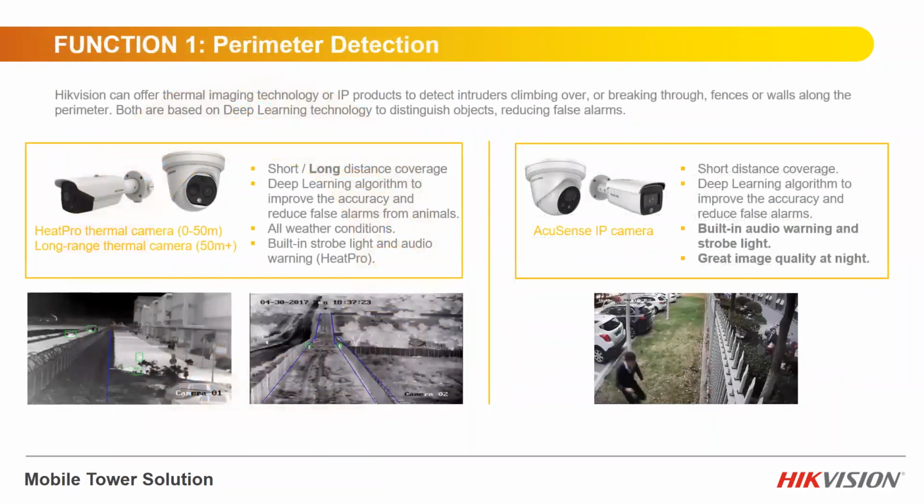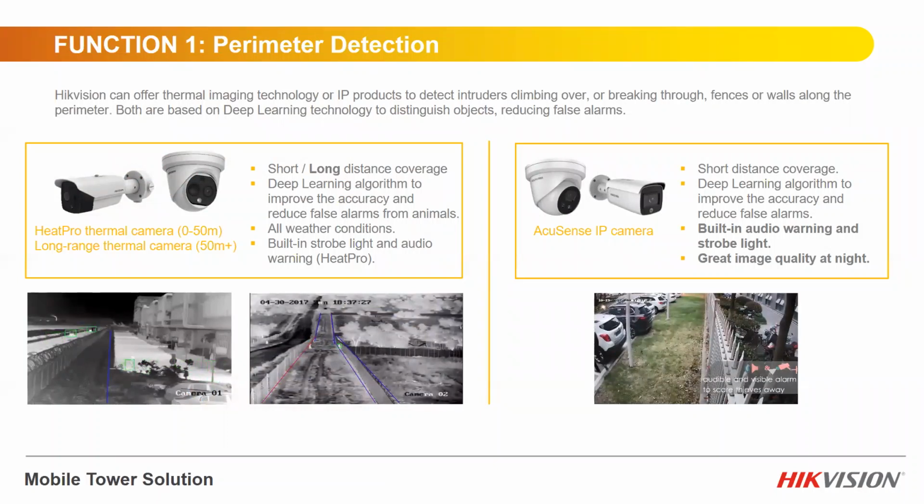So perimeter protection. To aid in the detection of intruders, we have a choice of our Heat Pro thermal range with a larger distance detection and usable in all weather conditions, or AccuSense cameras for shorter range and great optical images at night.